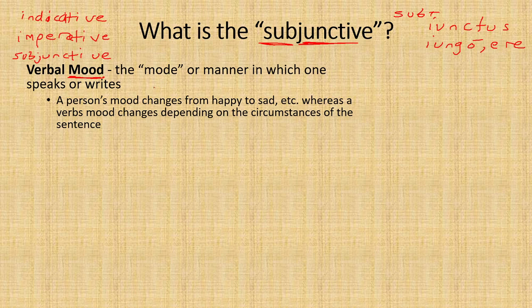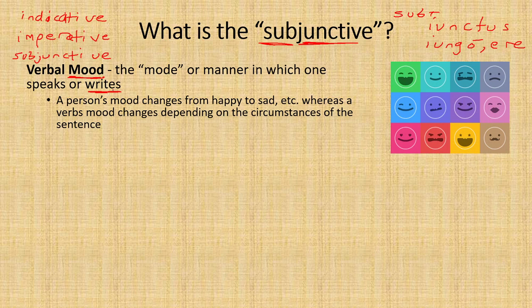But really, what the verbal mood means for grammar and for translation is the mode or manner in which one speaks or writes. And I say speak or write because language can be spoken or written. Obviously, we only have the written form of Latin, but more generally, it's speaking or writing. As the mode changes, I think it's similar to how one's particular mood or manner of being changes for a certain day.